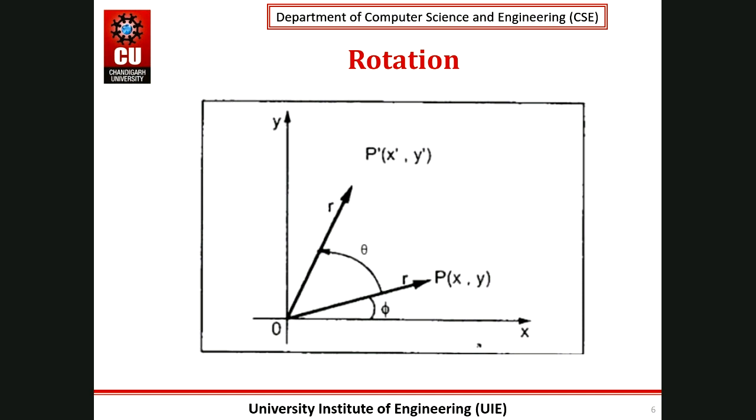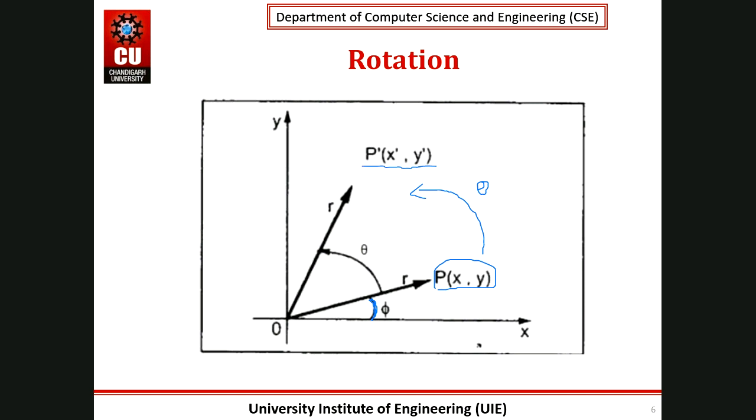Initially I have a given point P(x, y), which is making an angle phi in the first quadrant. I want to rotate this object in the anti-clockwise direction with respect to angle theta, which must be given to us. After the rotation, the point becomes P dash (x dash, y dash).